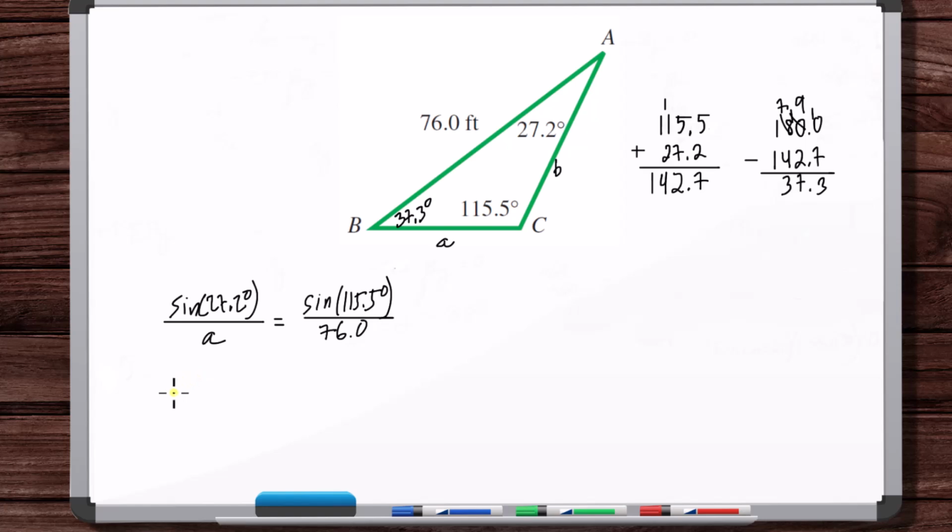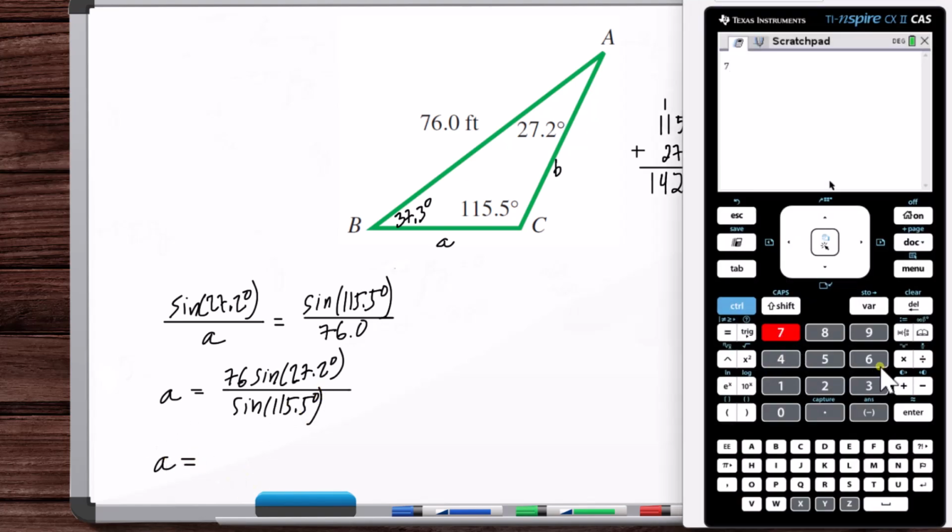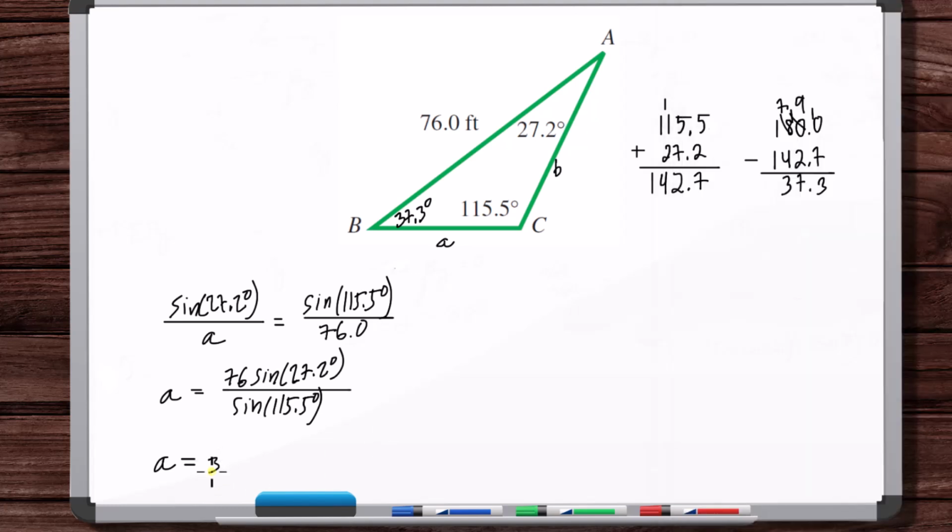We can see that A is going to be 76 sine of 27.2 degrees over sine of 115.5 degrees. So 76 sine of 27.2 divided by sine of 115.5 is 38.5 feet.